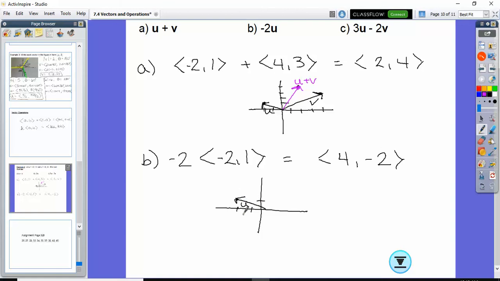I took that times -2. We got this one. Opposite direction because it was multiplied by a negative, twice as long because we doubled it.